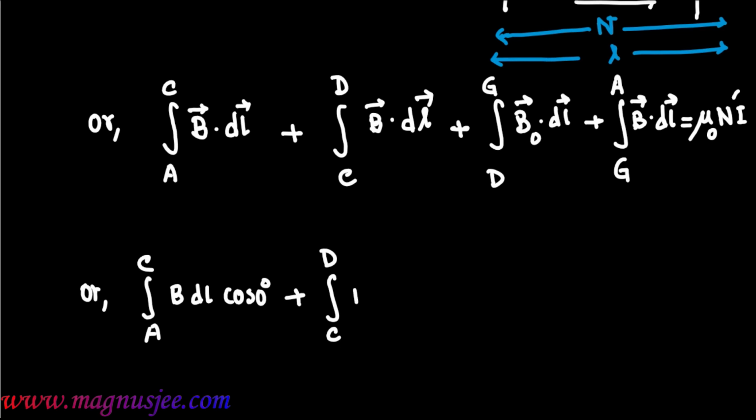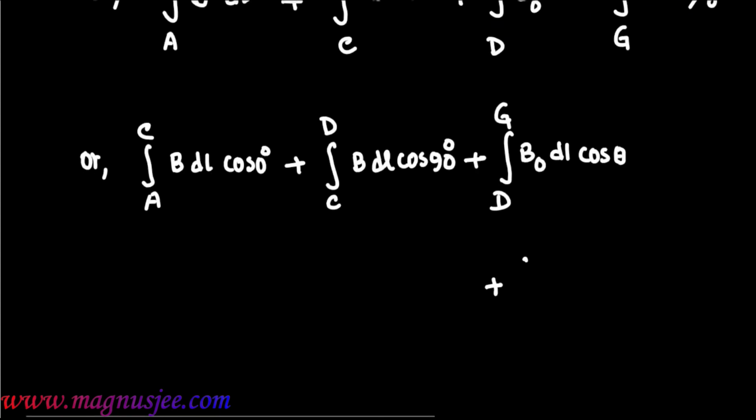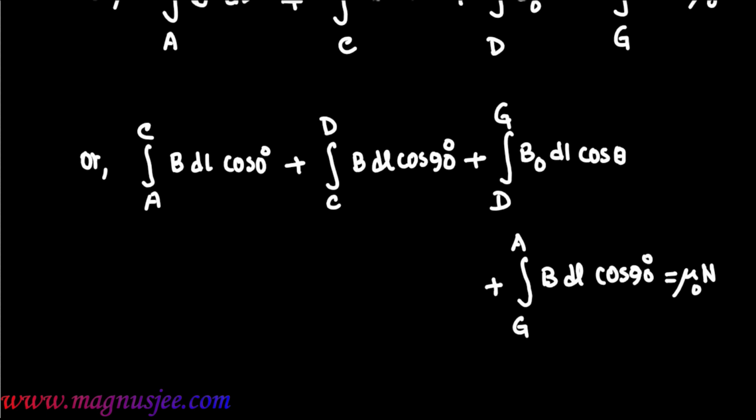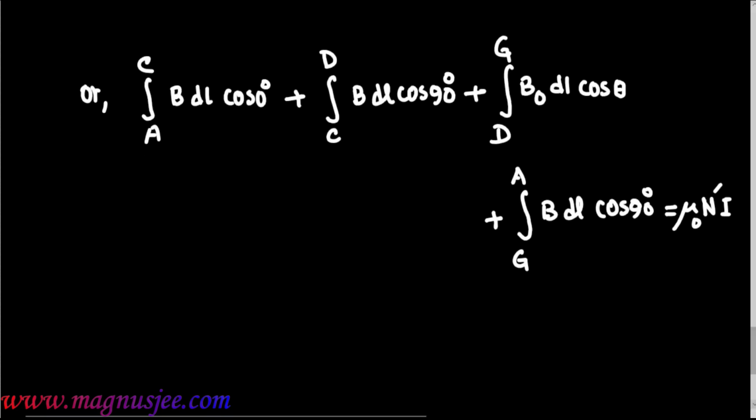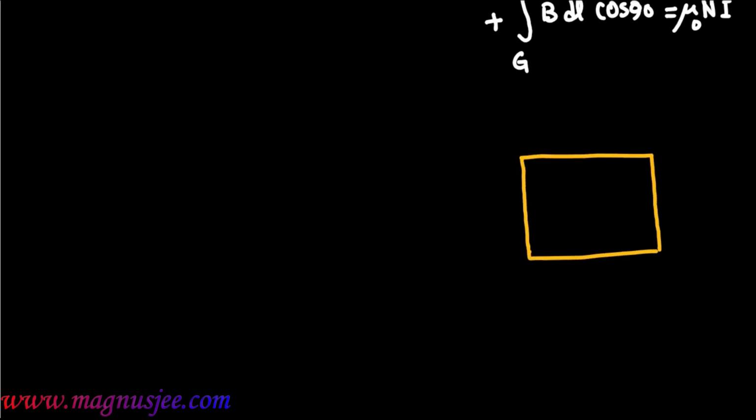Closed integration A to C B dl cos 0 degree, integration C to D B dl cos 90 degree, integration D to G B naught dl cos theta, not 0 degree, it should be cos theta, because theta is the angle between B naught and dl, integration G to A B dl cos 90 degree equals mu 0 n prime I, where n prime I is the total current which will be threading the rectangular closed path normally.